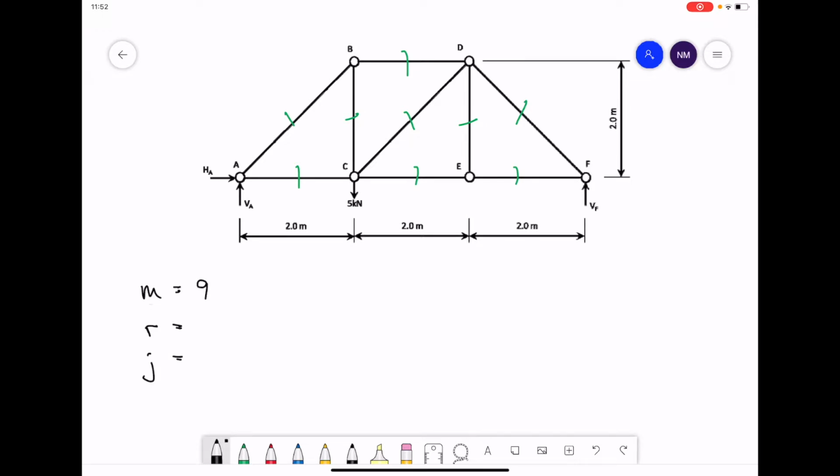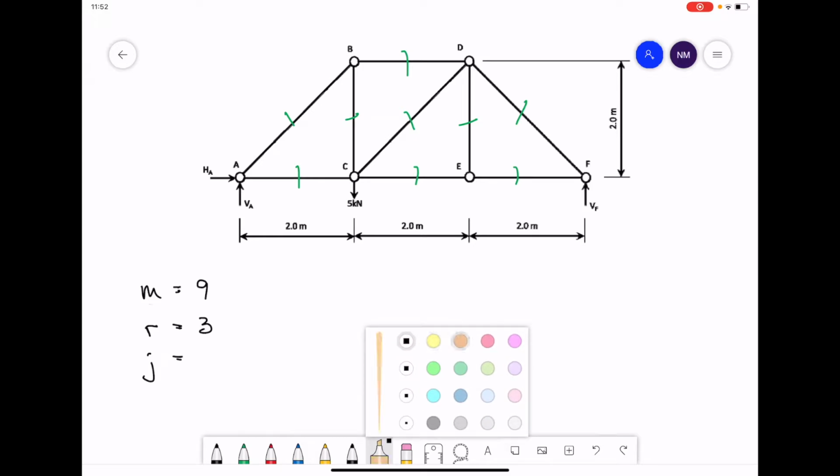Number of reaction forces, we have at point A 2 reaction forces, and at F 1 reaction force, giving us a total of 3 reaction forces. Then counting out the number of joints, we have 1, 2, 3, 4, 5, 6 joints.